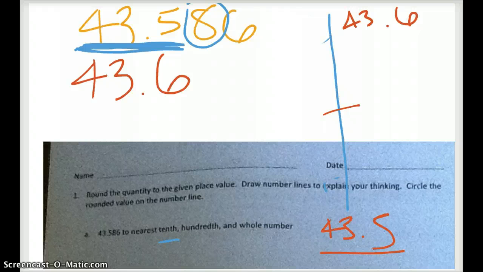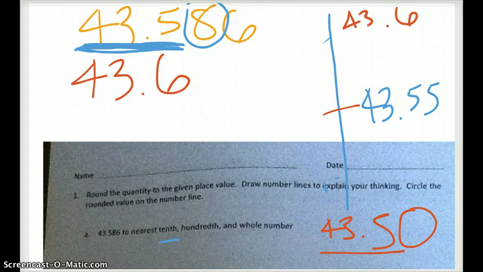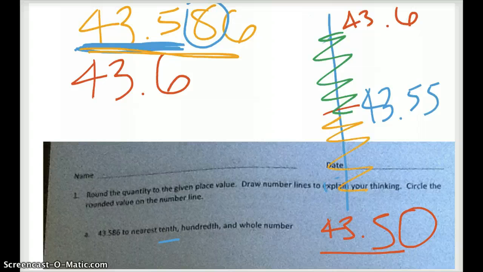Our midpoint, we always add a 5 there, so it's 43.55, and we have 43.58.